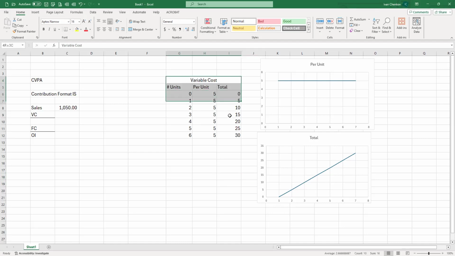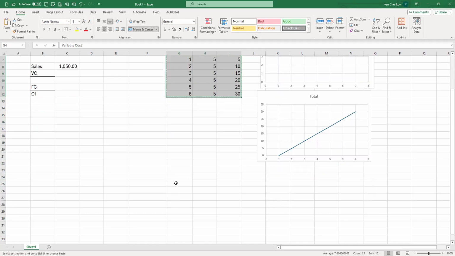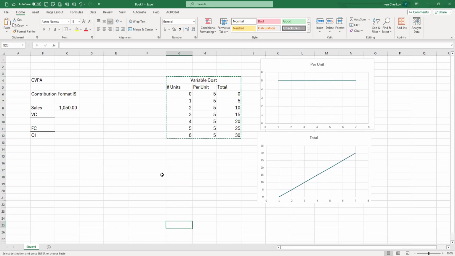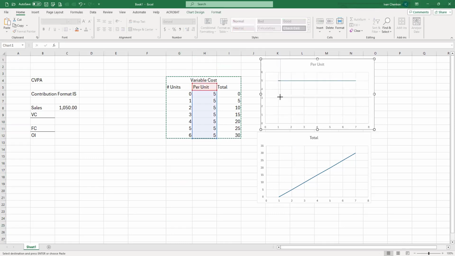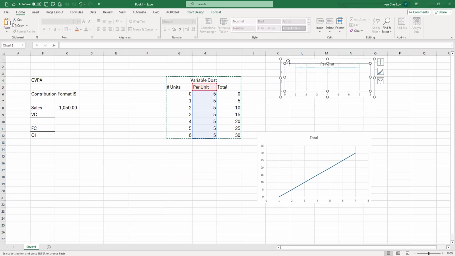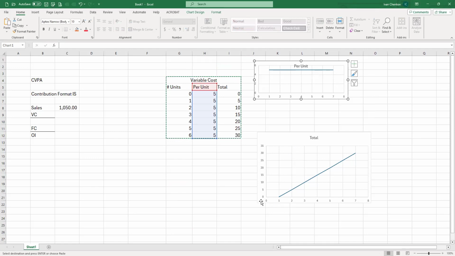Now that's the variable cost, but let's see the other cost which we have in our calculation here, which is the fixed cost. On the fixed cost, I wanted you to be able to see on the same screen, but let's make those charts a little bit smaller because we don't need them that big.